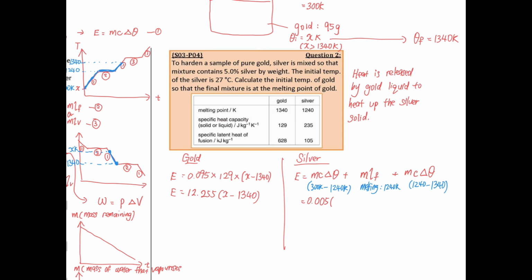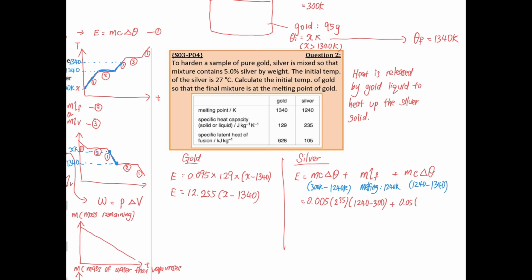The C for silver is 235. The change in temperature is 1240 minus 300. Then m l f: 0.005 times the latent heat of fusion, 105.